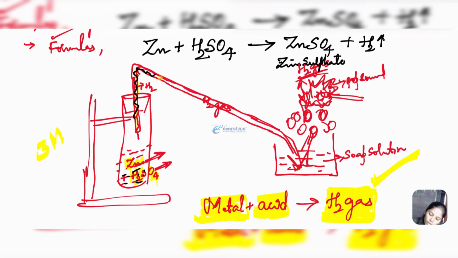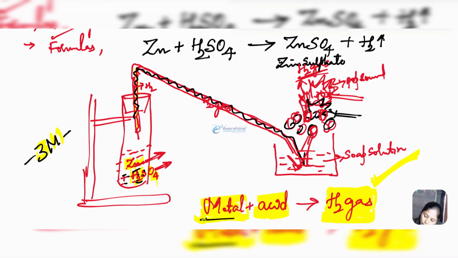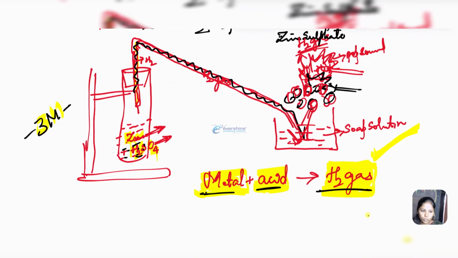That hydrogen gas should be passed to soap solution and then it will give bubbles. This bubble should be burned with a candle. It will burn with a pop sound. So this is also an important diagram for 3 marks. In this page what you can understand is metal reacts with acid and produces hydrogen gas, and this diagram is also very important for the exam.